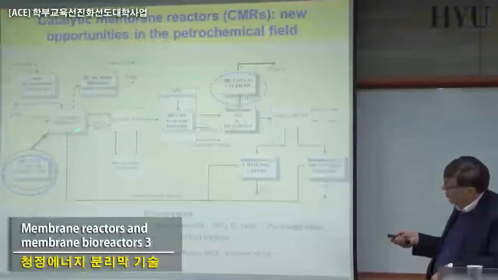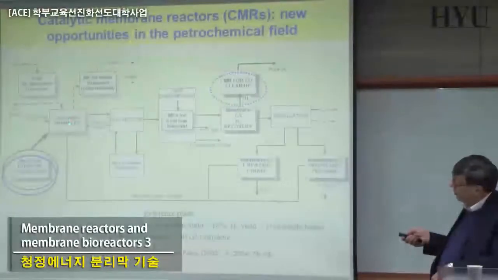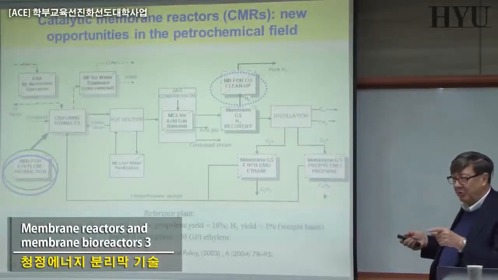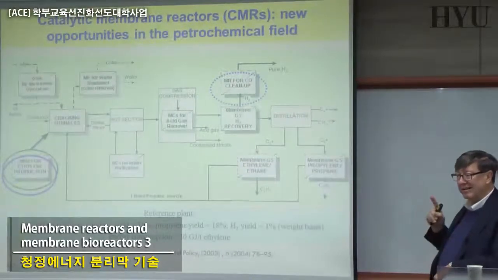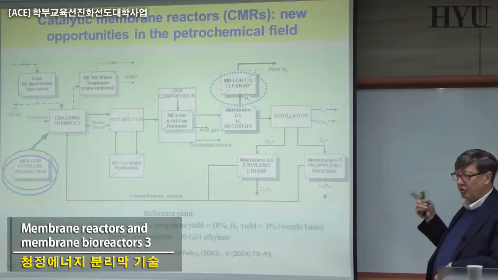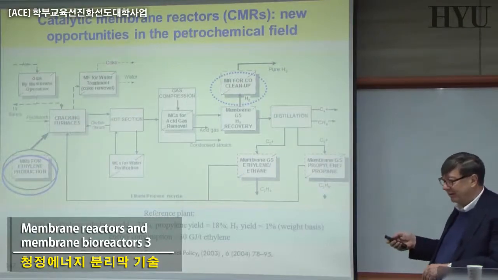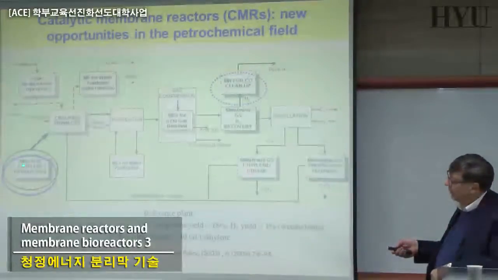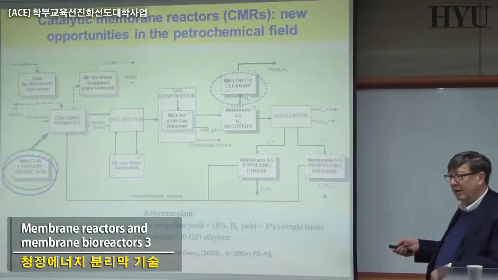This is quite interesting because the most interesting part here is that all the cracking will disappear. If you read the newspaper, you will understand that more and more gas will be used in the future, much more than just oil or naphtha, etc. So the possibility here is to produce your ethylene using membrane reactors.